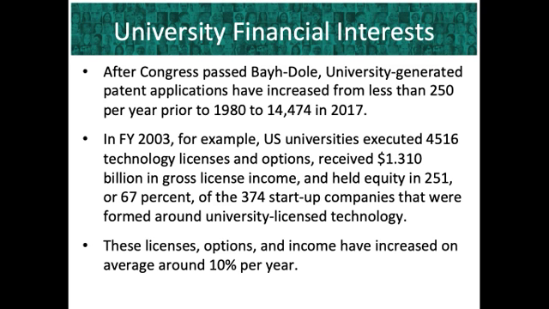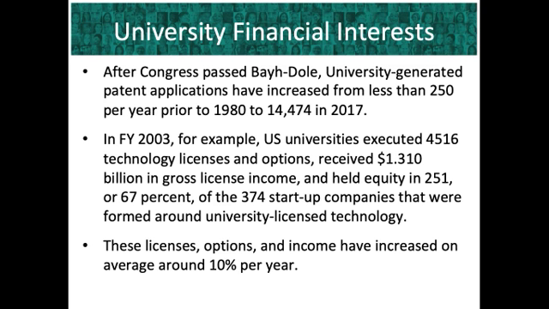Whereas in 2017, you had 14,474 patents granted to universities in that year alone. If you look at financial year 2003, U.S. universities executed 4,516 technology licenses and options. So that is, they took their patented discoveries and they either licensed or gave marketing rights to private companies.